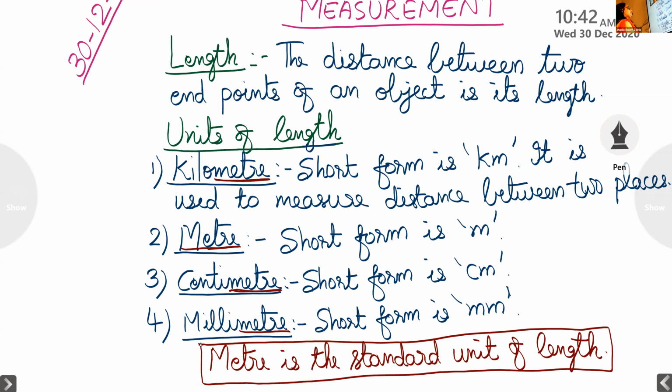Now what is length? The distance between two end points of an object is length. Which is the biggest unit? Kilometer. Which is the smallest unit? Centimeter.